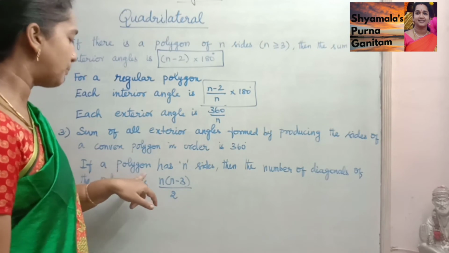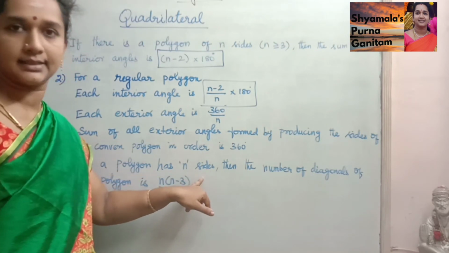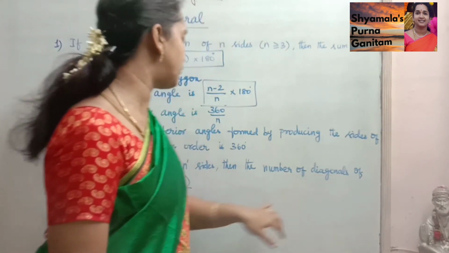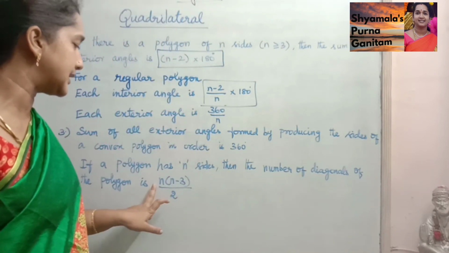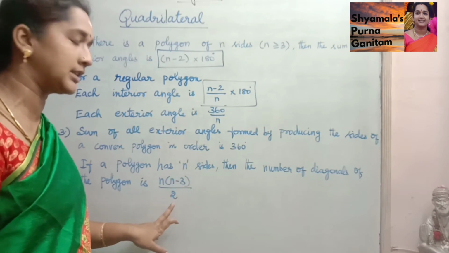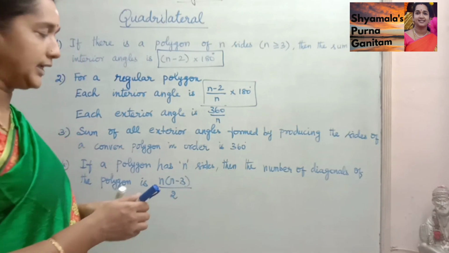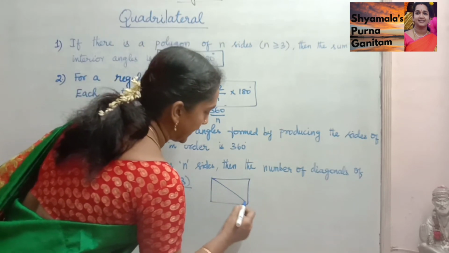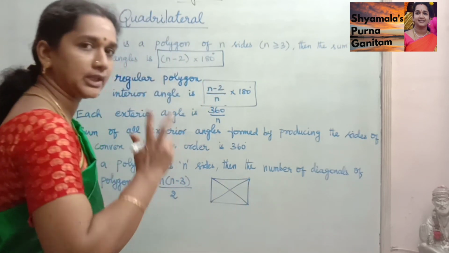Then if a polygon has n sides, 5, 6, 7, any number we can take, the number of diagonals of the polygon is n into (n minus 3) by 2. If we take a rectangle, how many diagonals does it have? We know it is 2.